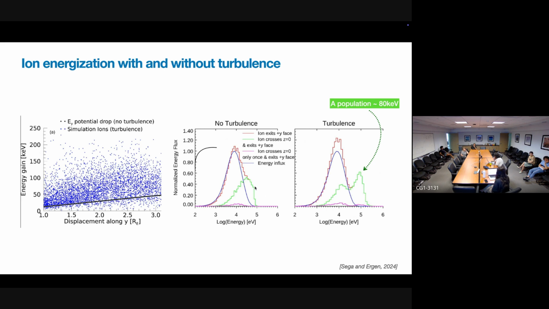When we have no turbulence, this part completely disappears. So this non-thermal tail of energetic electrons and ions is a new population caused by turbulence. So now we use 80 keV as a threshold: we consider particles above 80 keV to be caused by the turbulence energization, and particles below to be energized in the normal way.